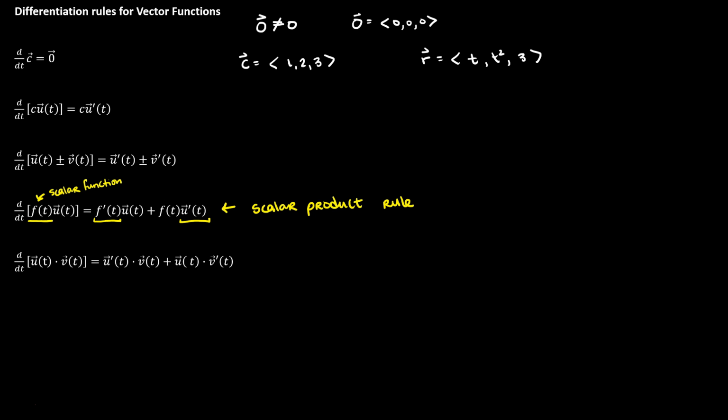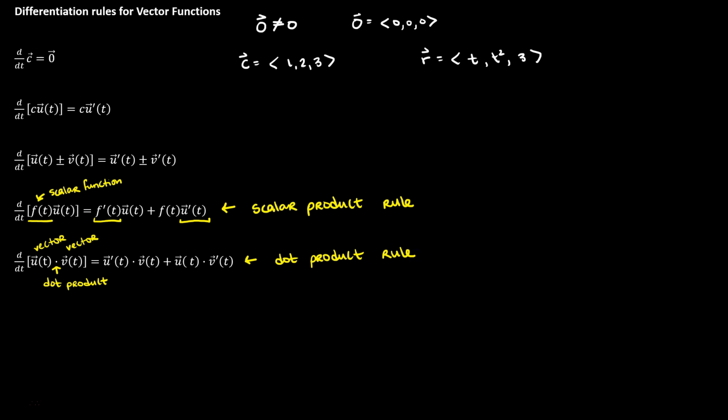Our next rule involves two vectors. So the last rule we had was a scalar and a vector. This rule, however, is two vectors. And the operation that's happening between them is the dot product. So for this one, let's call it the dot product rule. We are using multiplication.